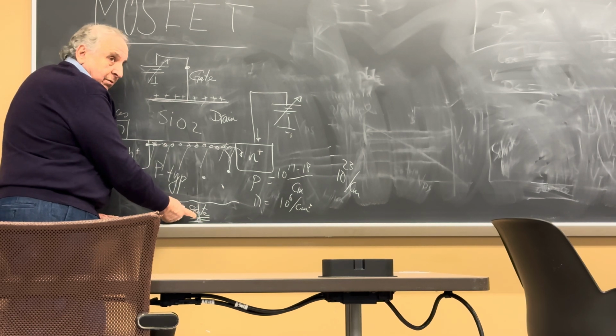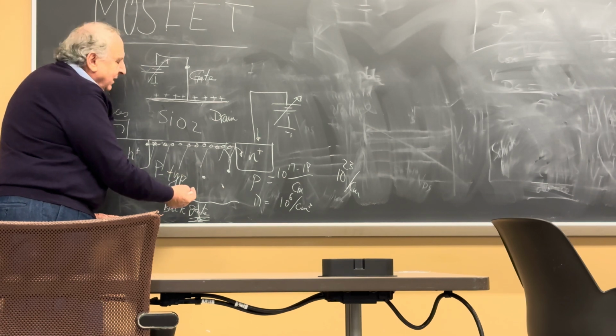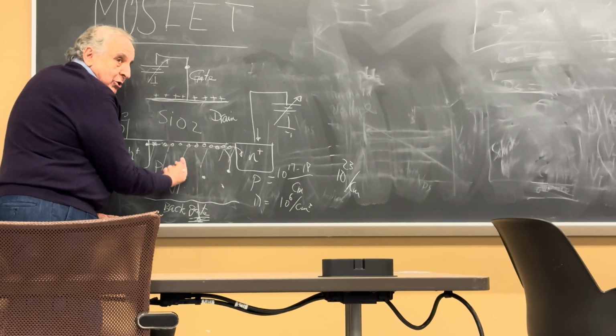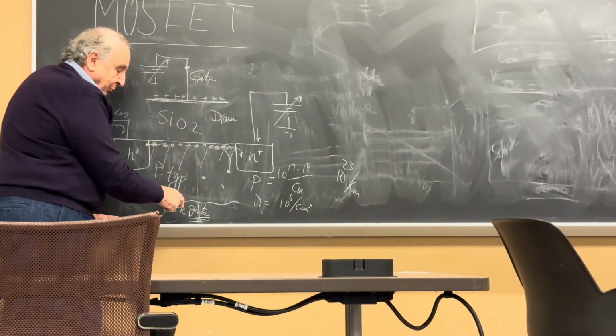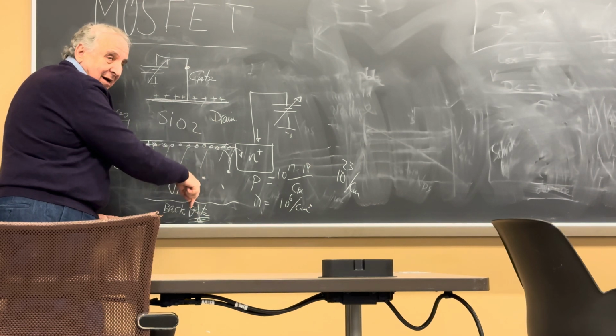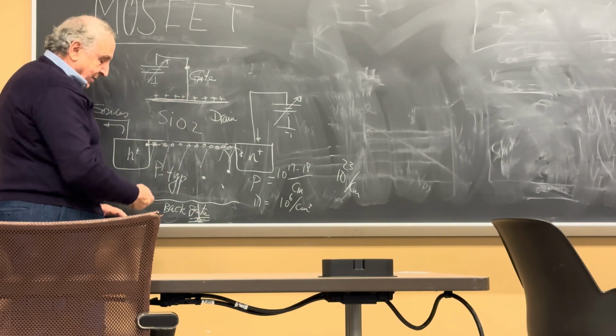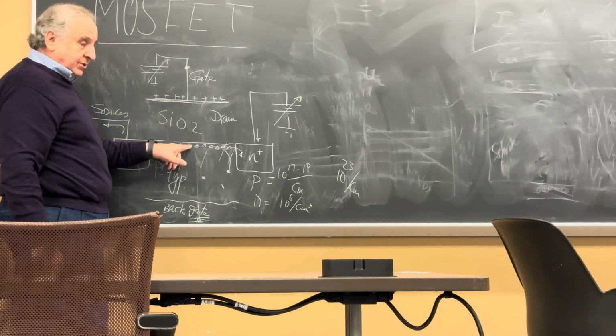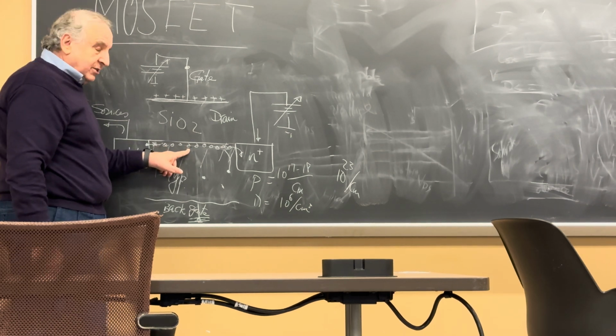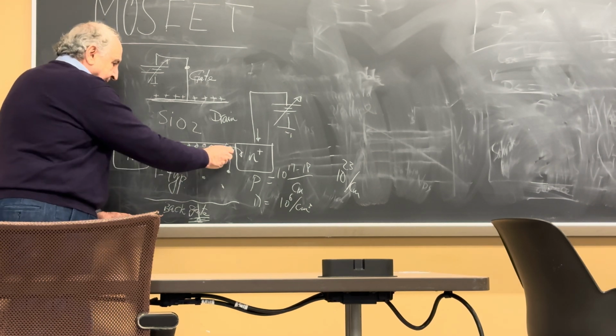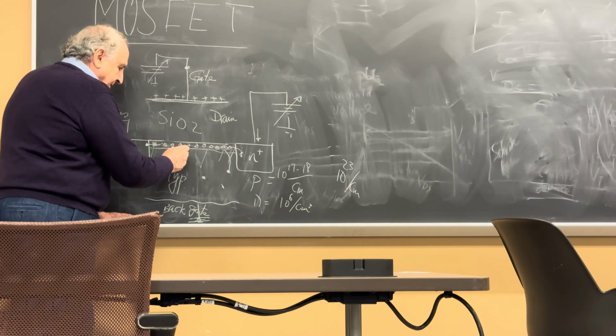If I put a negative voltage, it pushes them in. Put a positive voltage, it drags them down, and this is dragging them up. So this has an effect on this. This is called the channel.